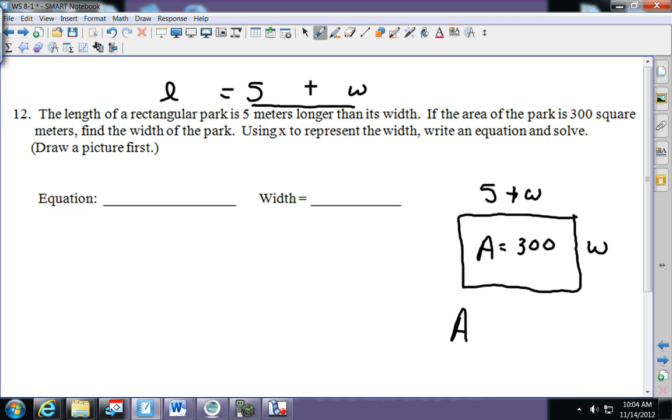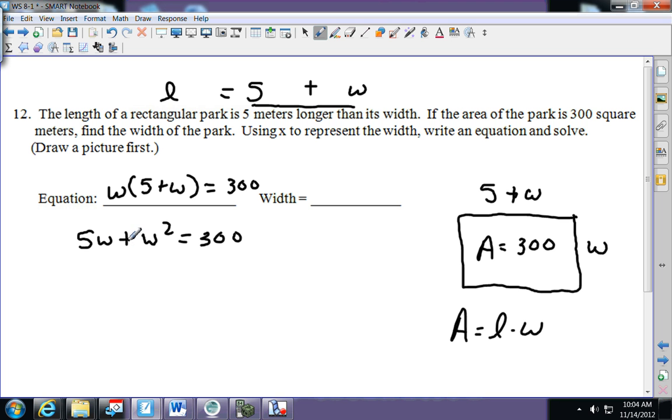Area is length times width. So my equation is W times 5 plus W, length times width, equals 300. Multiplying, I've got 5W plus W squared equals 300.